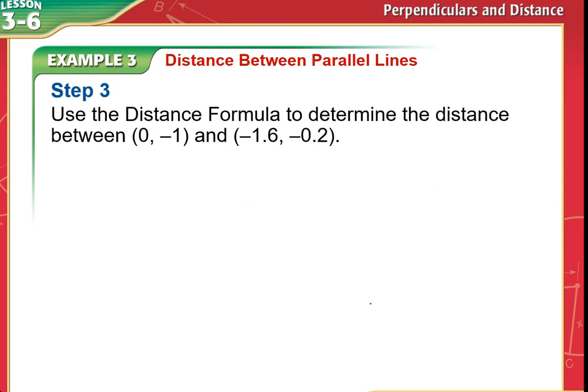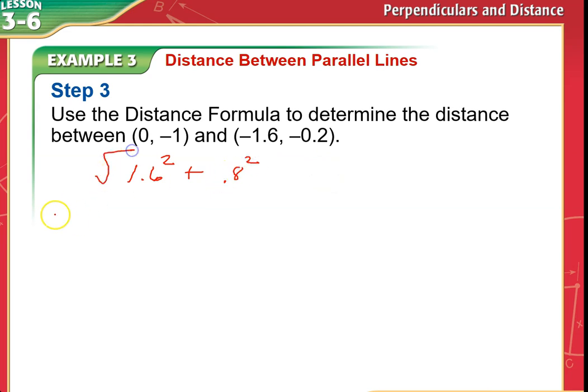All right, now we still have a little bit more to do. Now we've got to use the distance formula between these two points. And so we could say that the x coordinates are about 1.6 apart. Okay, so 1.6, and we're going to square that. And then we're going to add to that the distance between negative 1 and negative 0.2, which would be 0.8, and we're going to square that.